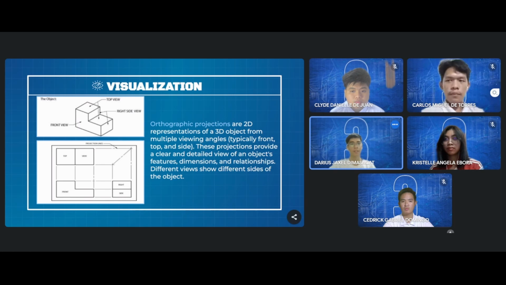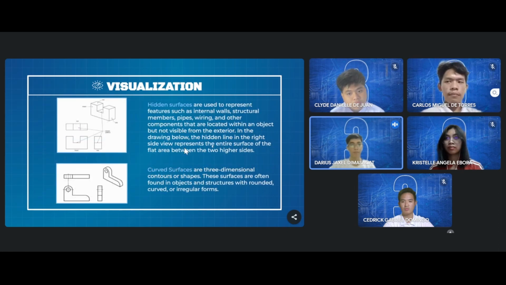Moving on, we also have different surfaces, namely hidden, curved, and inclined surfaces. Hidden surfaces in a blueprint are used to show things like internal walls, structural parts, pipes, or wires that are inside an object but can't be seen from the outside.